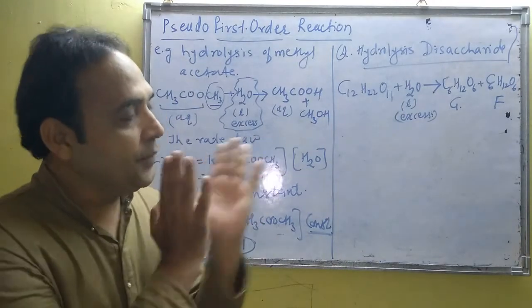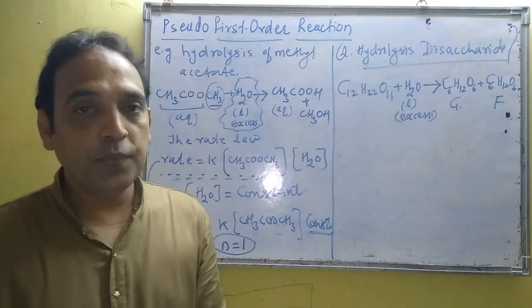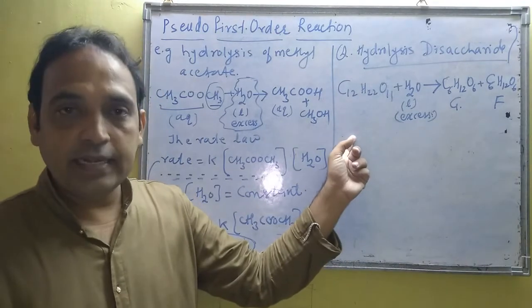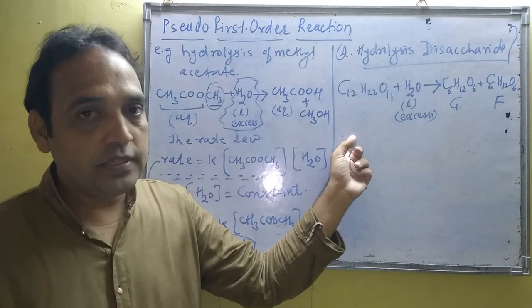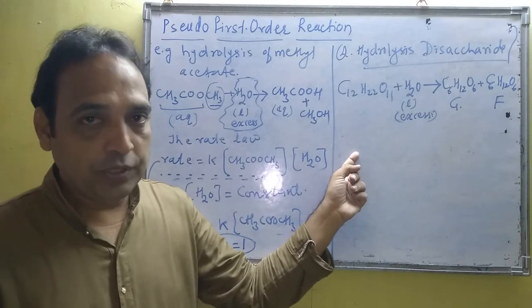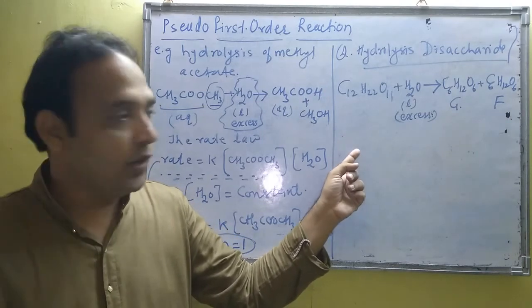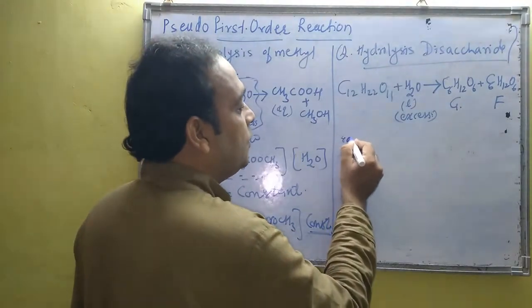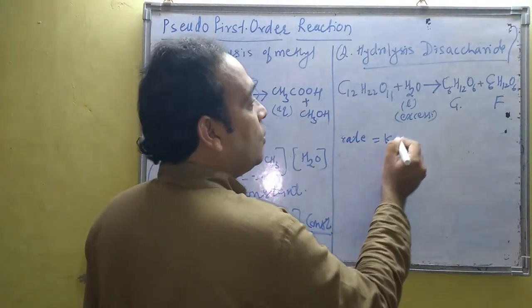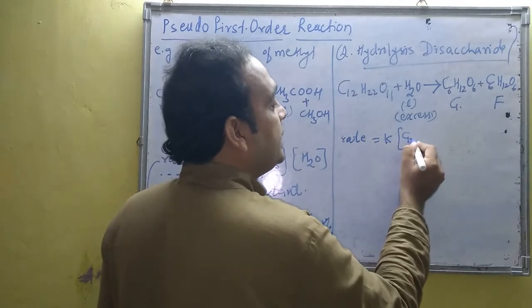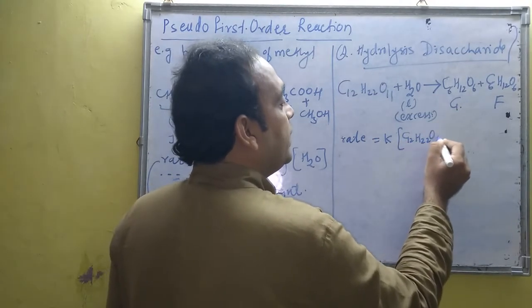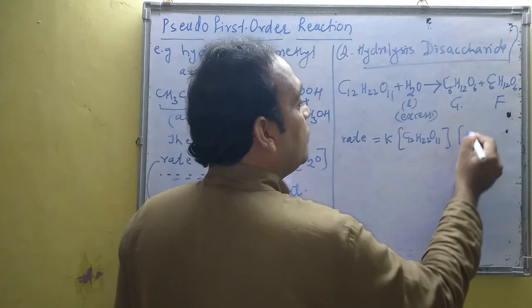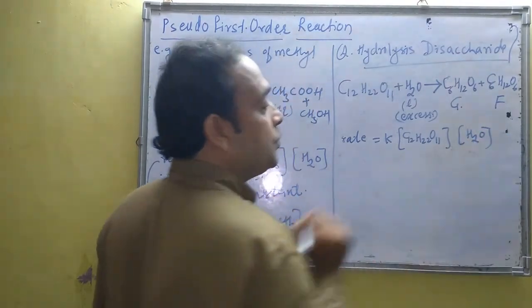Now let me discuss this point. How will you explain it? First write the rate law. What is the rate law of this reaction? Rate is equal to K into concentration of disaccharide, C12H22O11, into concentration of H2O.